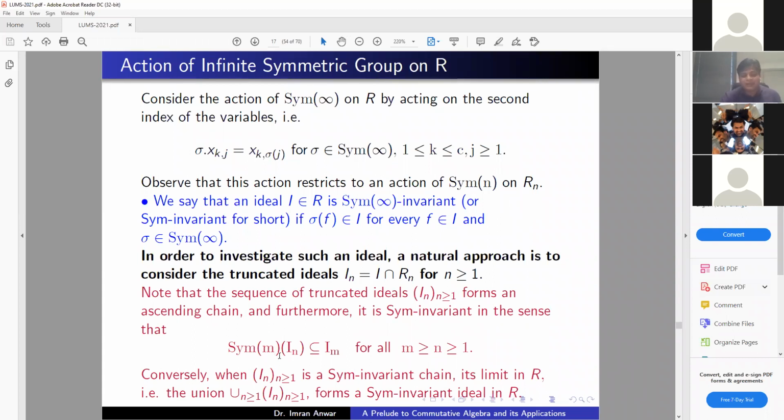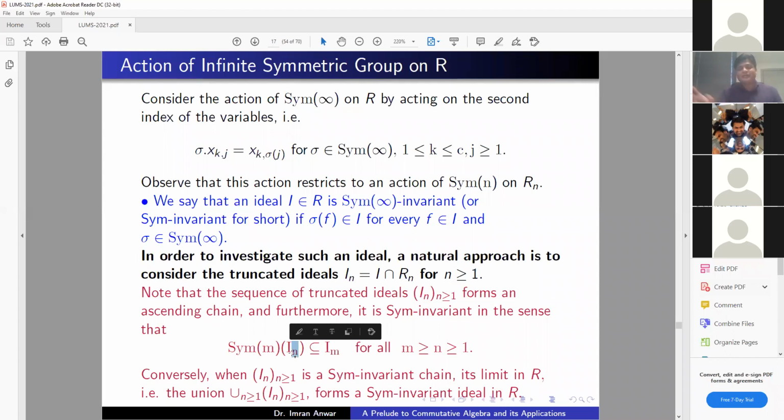if I apply Sym_m, probably this will give you more clarification regarding the question you asked earlier. If you restrict Sym_m to I_n, and m is greater than n, so you understand that when I say I_n, it means I is involving n variables. So there is no n plus one variable there.